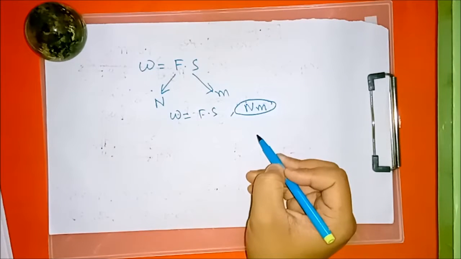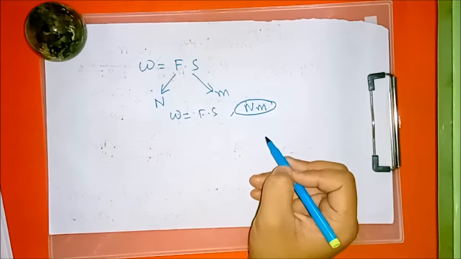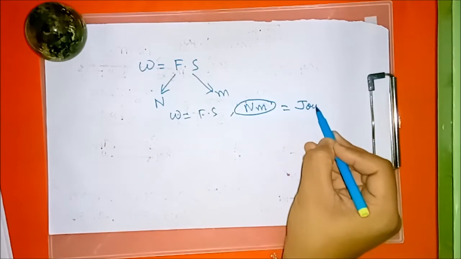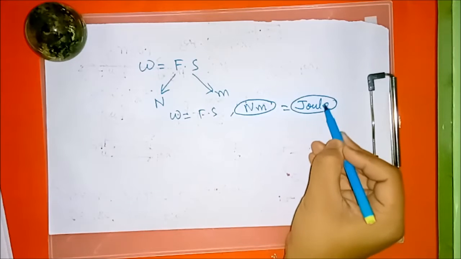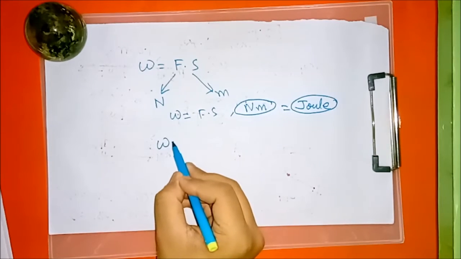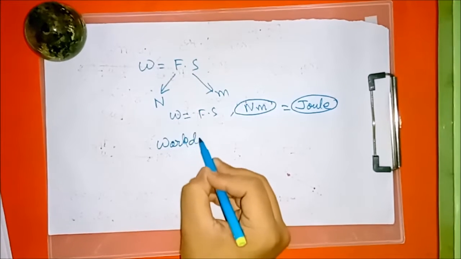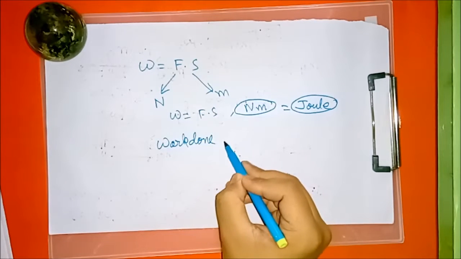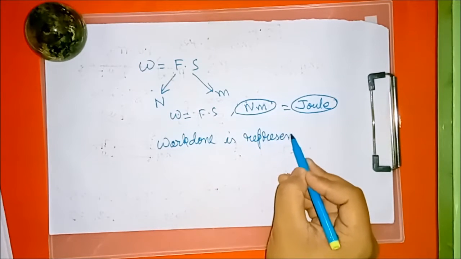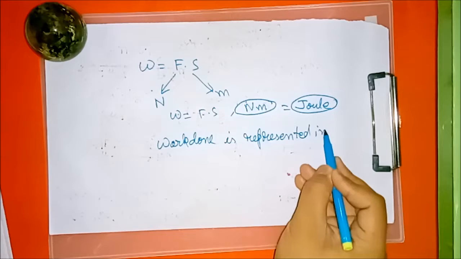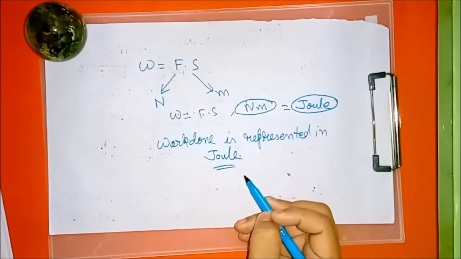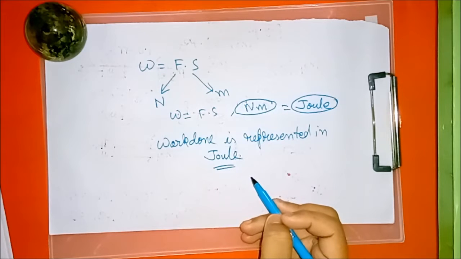In SI preference, that is our international system standard preference, this is equal to joule. So the standard unit of work done is represented in joule.